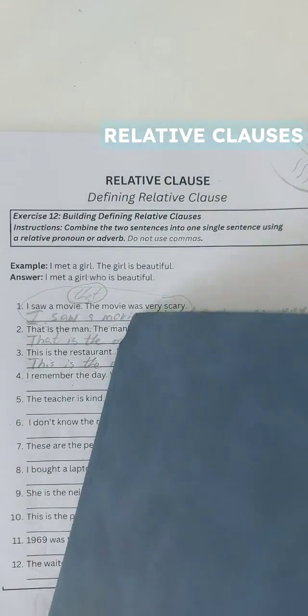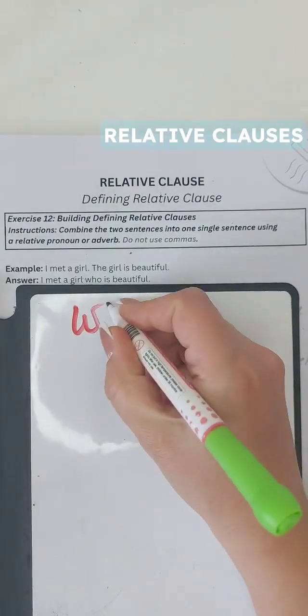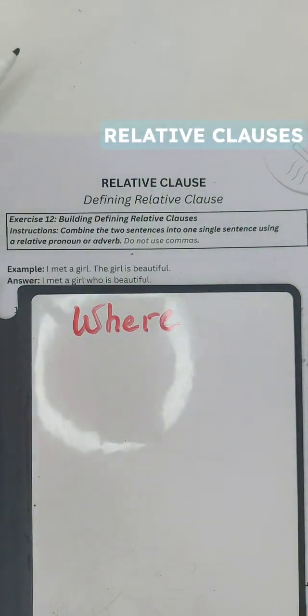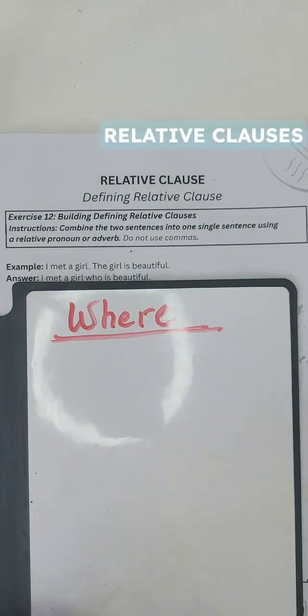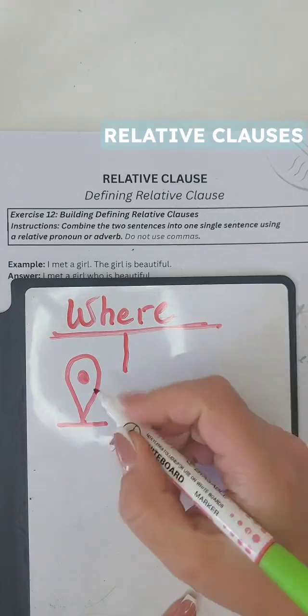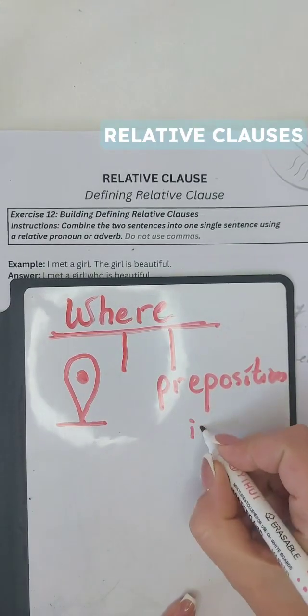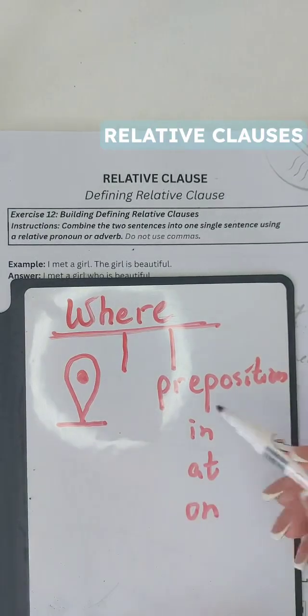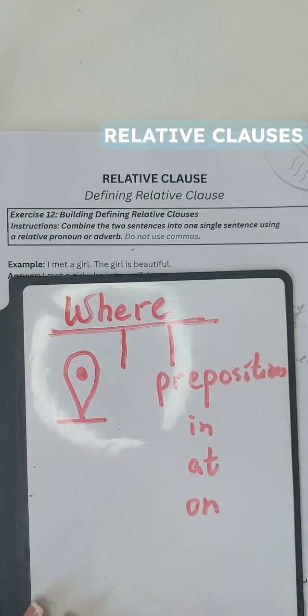Okay, when it comes, guys, to when we use the relative word where, this word replaces place and preposition, such as in, at, on, etc. When we use where, we don't need place and the preposition anymore, okay?